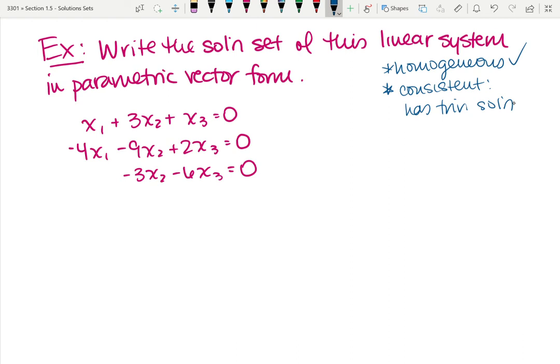We'll worry about parametric vector form in just a minute. What we're going to do now is put it into an augmented matrix and row reduce.